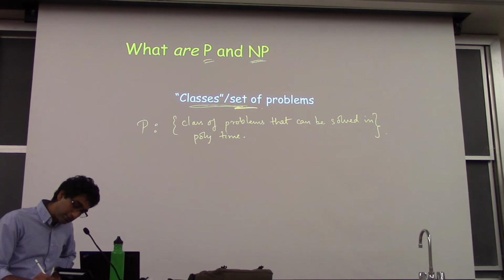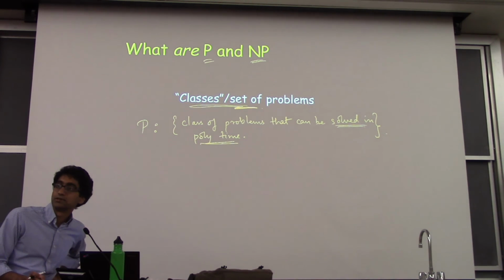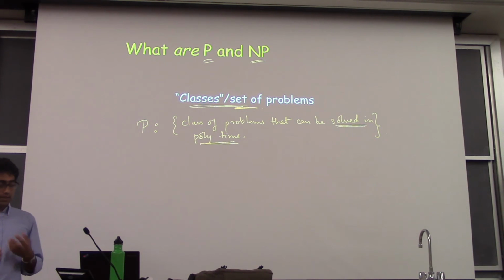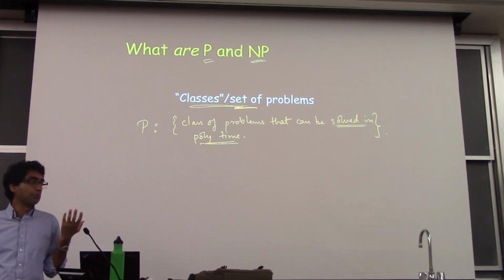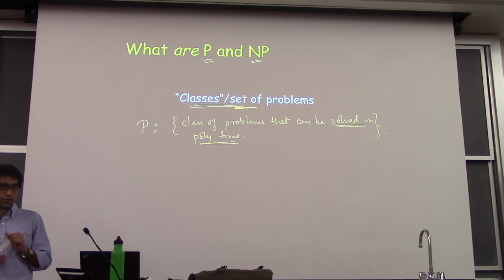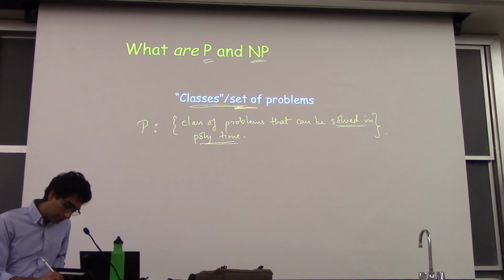What does it mean to be solved and so on? We have to be more careful about this, but this is an informal definition. We all have a natural model for a computer and we know what solved in polynomial time means. That's what I'm assuming now. So what is NP?